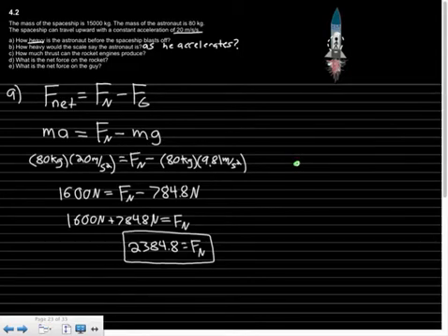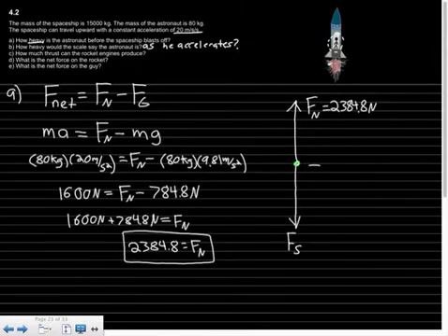So is that 2,384? Yes, 2,384 newtons is the force pushing up. Right, so let's look at this. We have the normal force, which equals 2,384.8 newtons, minus the force of gravity, which is down.